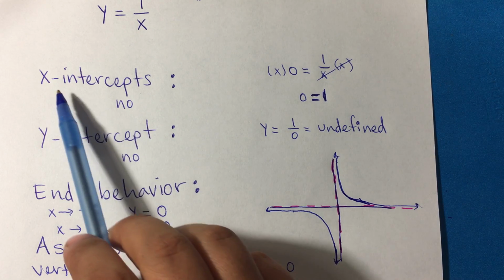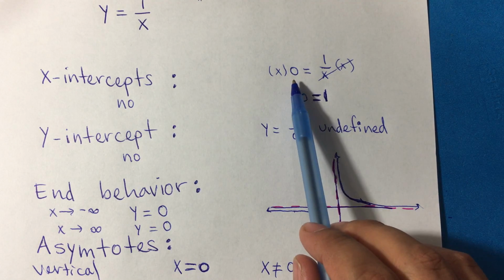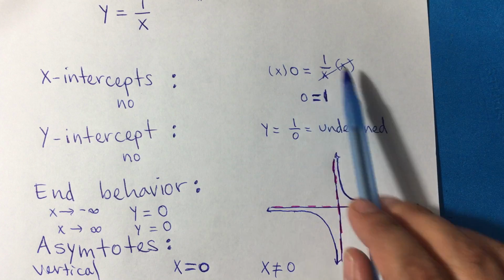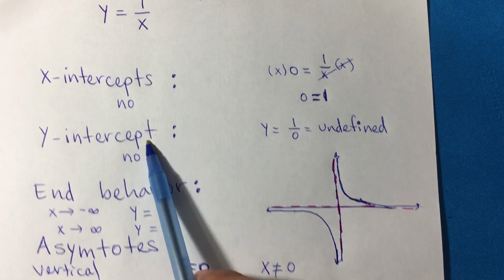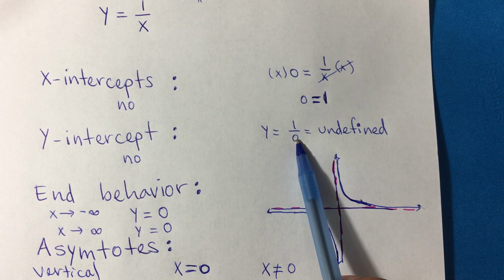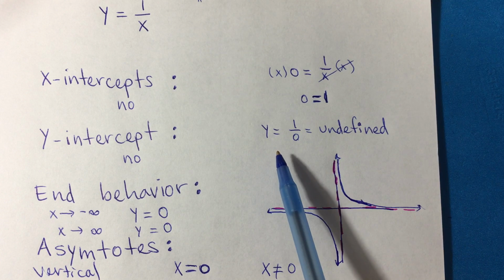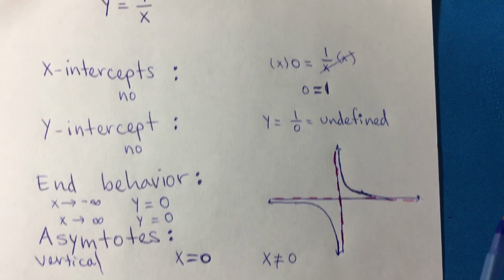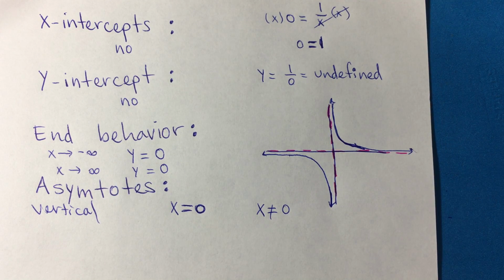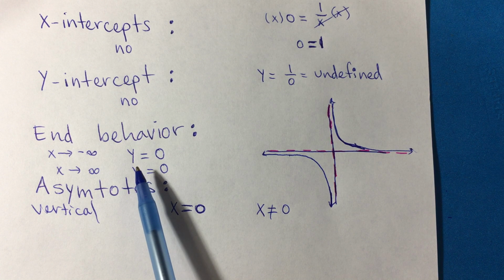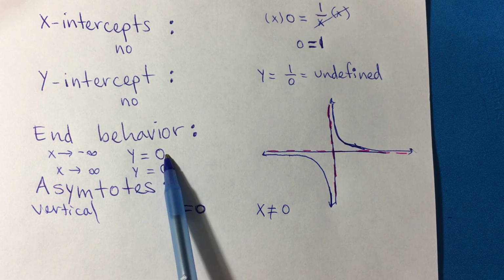So a recap: to find the x-intercepts, you just replace y with 0 and start solving for x. For the y-intercept, you replace x with 0, and you start solving for y. For the end behavior, if the degree of the denominator is greater than the degree of the numerator, then y will be equal to 0.